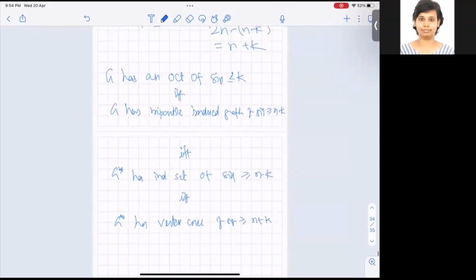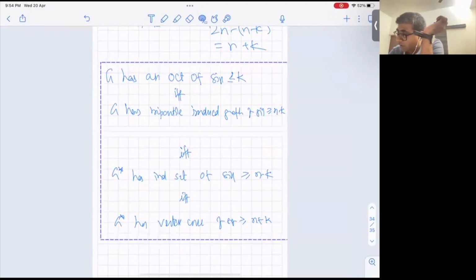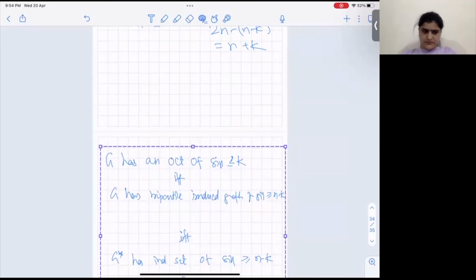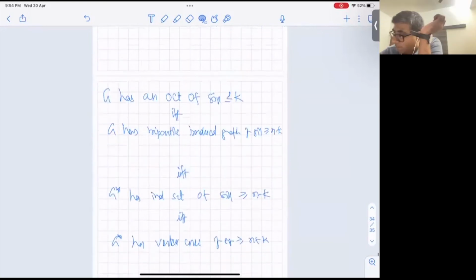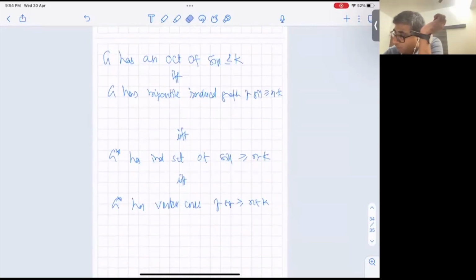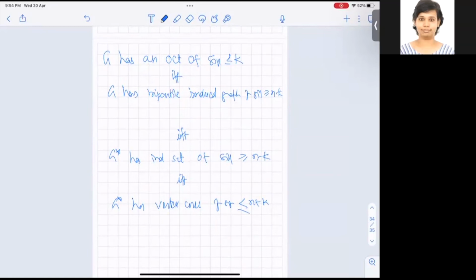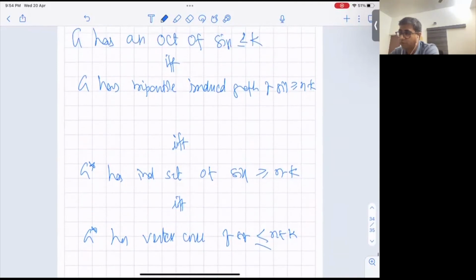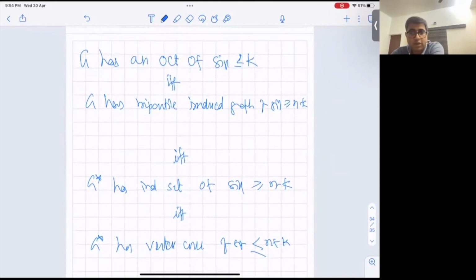Yes, you are right, this should be at most n plus k. Is that fine with everybody? This is where I wanted to reach for now. I would really like to know if all of you followed up until now.